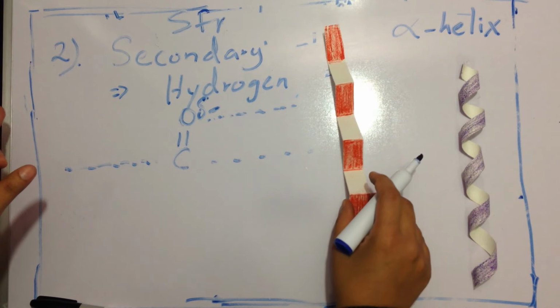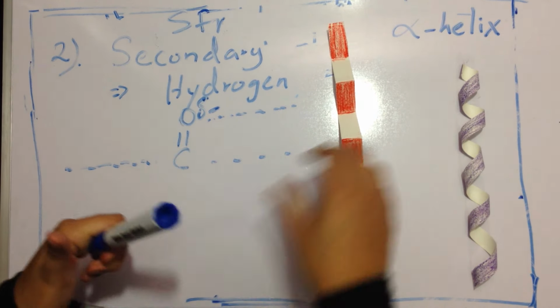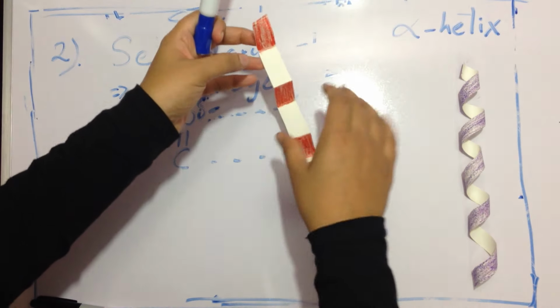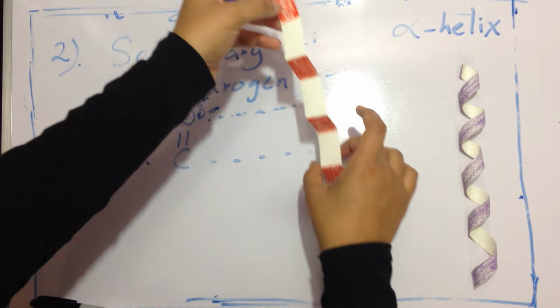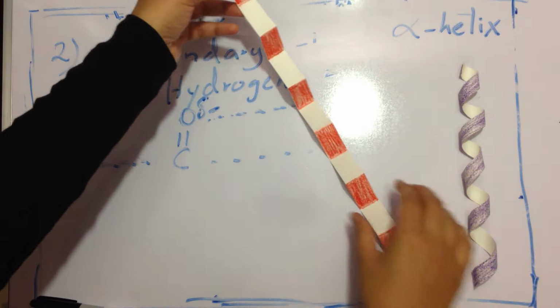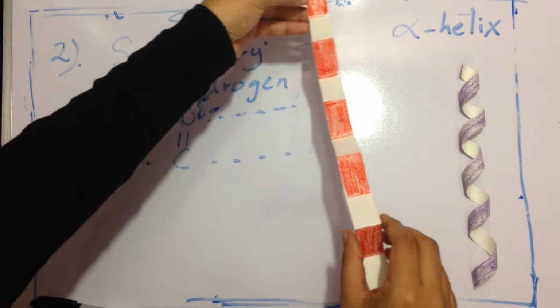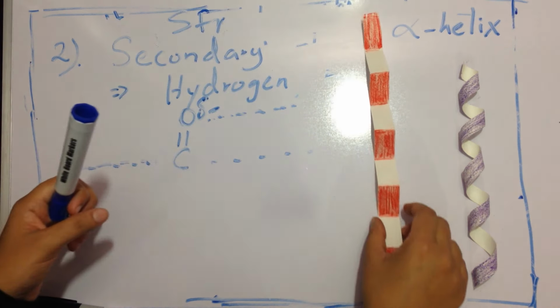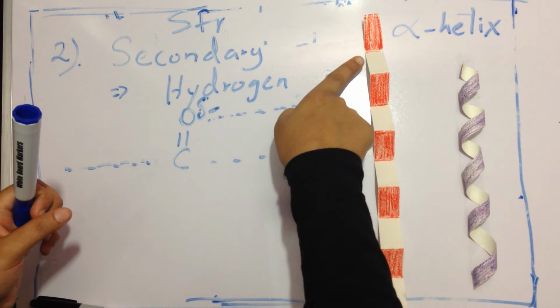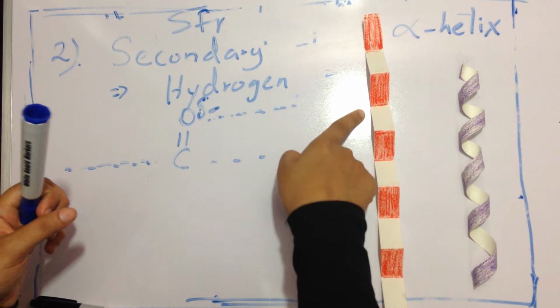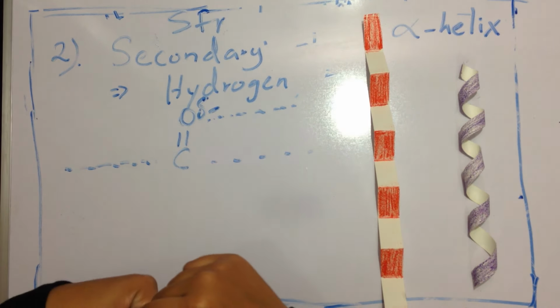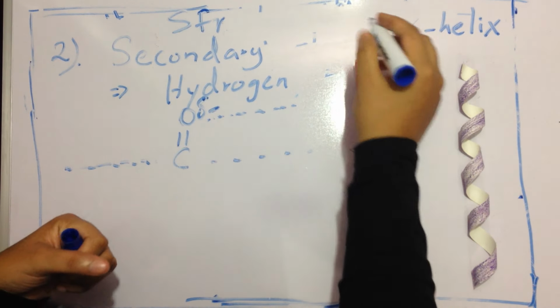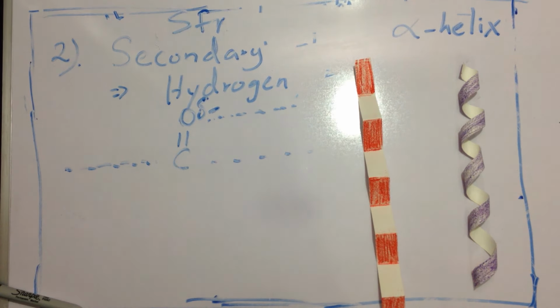And this one, they are like folded. If you open up a book, and if you keep many books there continuously, it will form a shape like this. So there are hydrogen bonds between these. Okay, so this is called the beta pleated sheet. I will write it down clearly.